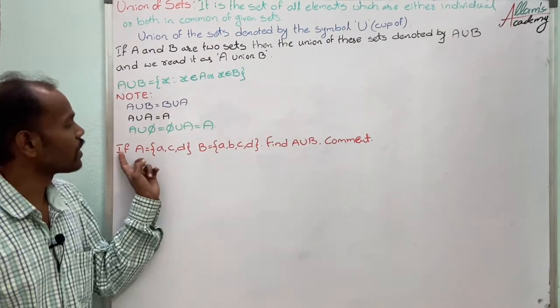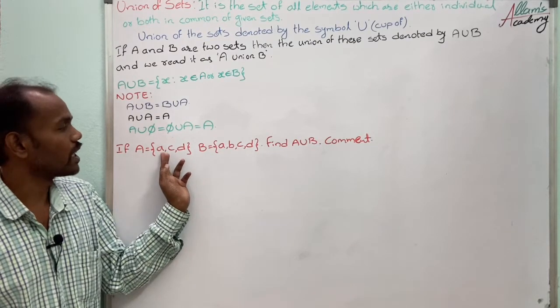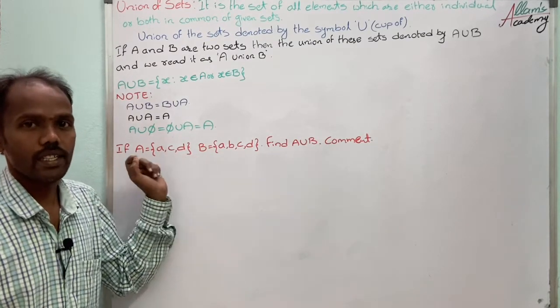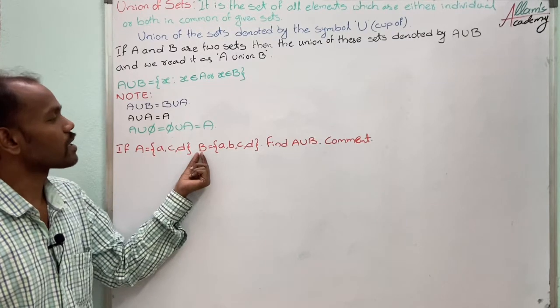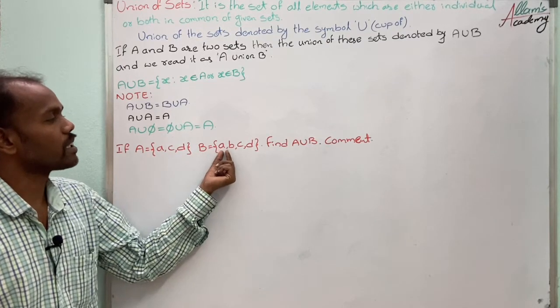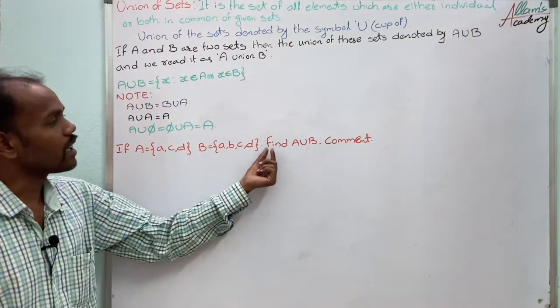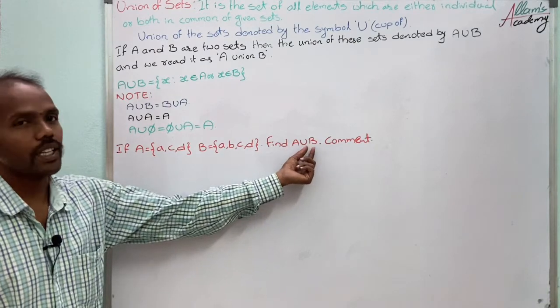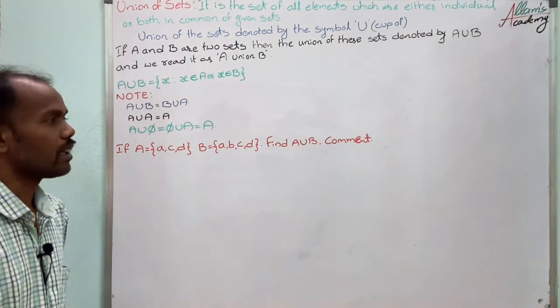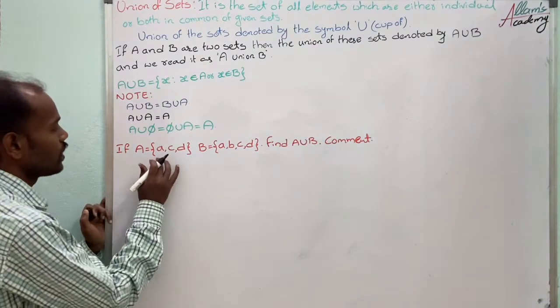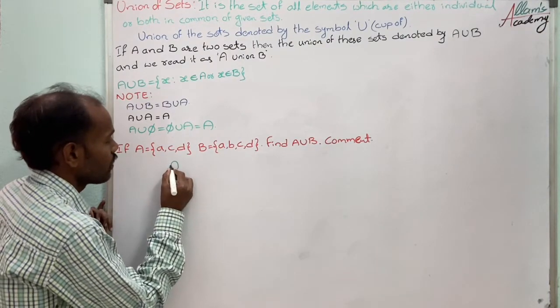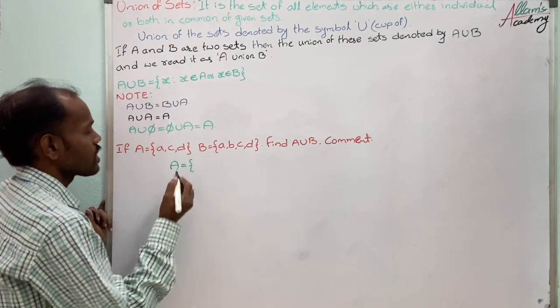Now here is a question. If A equal to {A, C, D} is one set, and the set B contains the elements A, B, C, D, then find A union B and comment on it. Now we write the given elements of the sets.